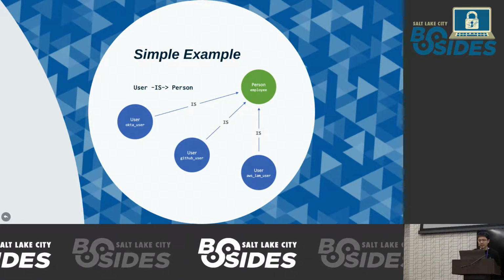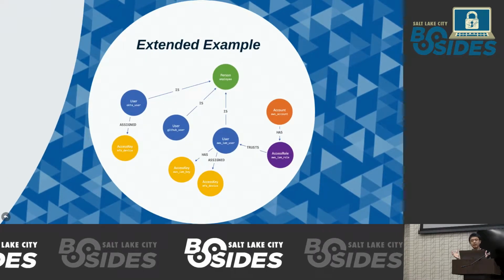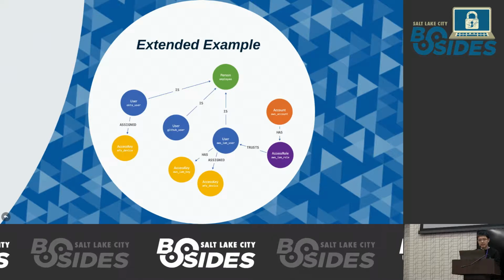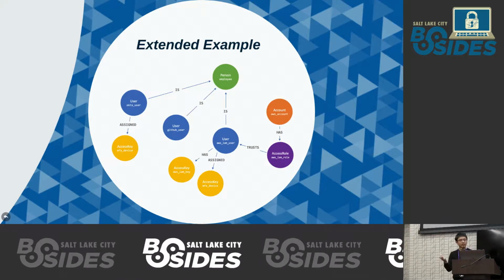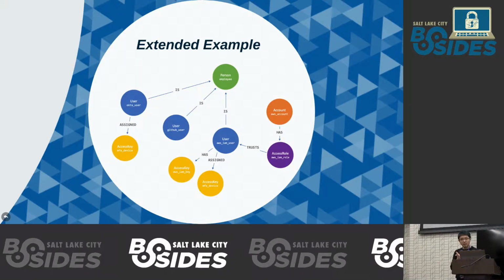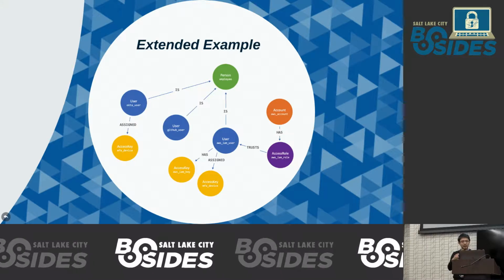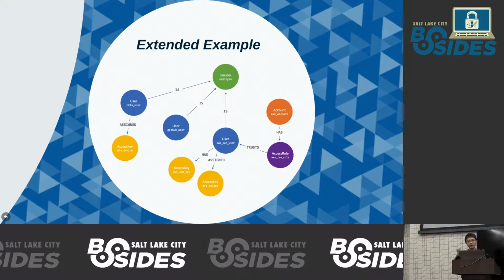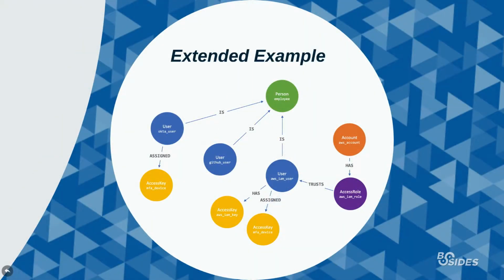Now, let's expand this a little bit and see what else you can see from this relationship map. What you see here is that the Okta user is assigned a multi-factor device and access key. And you can also see that the IAM user is assigned an MFA device, but that user also has a key, which is an access key in IAM.